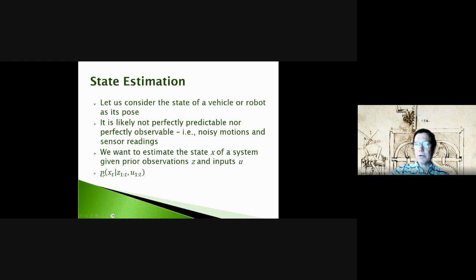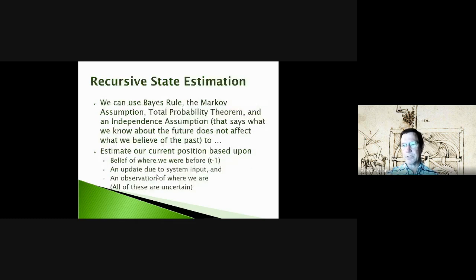What we're saying is there's a probability that x_t is a certain value given prior observations and certain inputs from the beginning of time, time one, up to t. So this is its history, and this is our current estimate. And we're recognizing that these are random variables, so there's some probability associated with this.